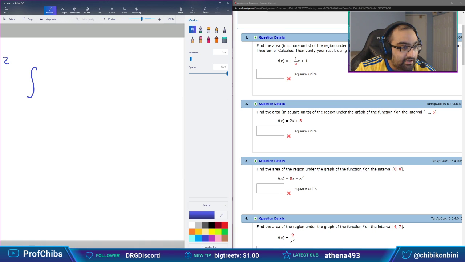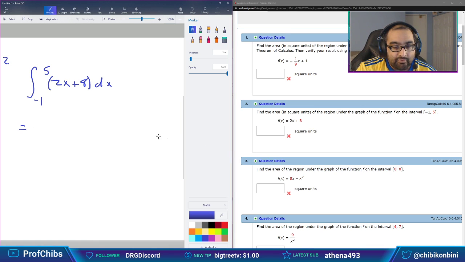So we have the integral. We're going to do number 2. Find the area in the region underneath the graph of f on the interval -1 to 5. We have our function here, 2x plus 8, dx. We're just going to find this integral.